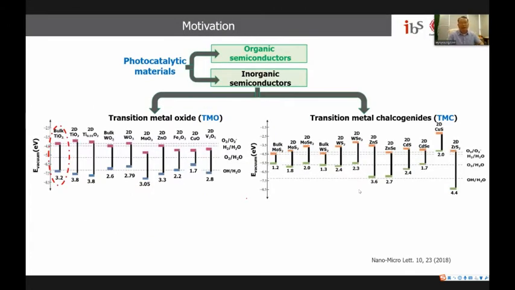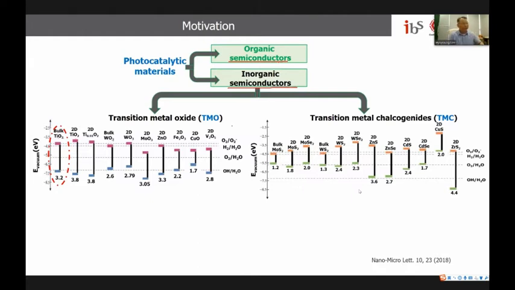This is our motivation. Everybody knows that photocatalytic materials have to be semiconducting materials. Among the semiconducting materials, usually people are working on inorganic semiconductors, and nowadays also on organic semiconductors.